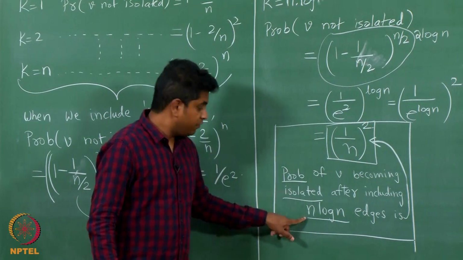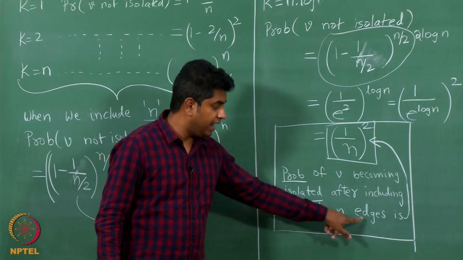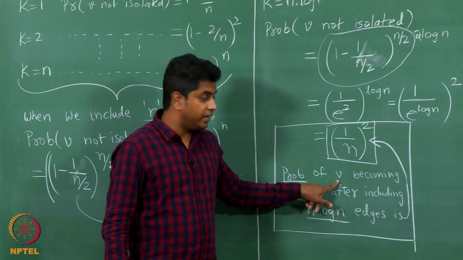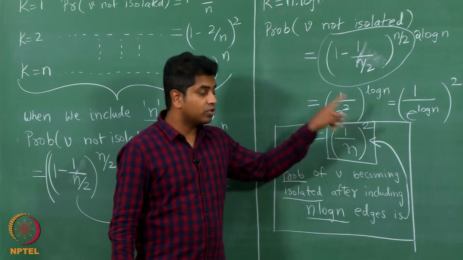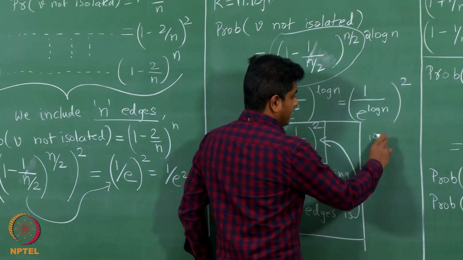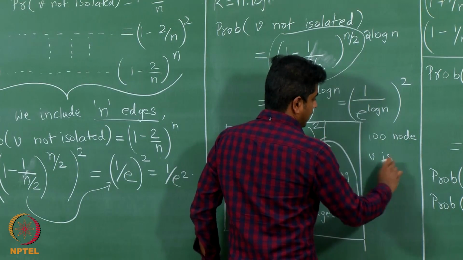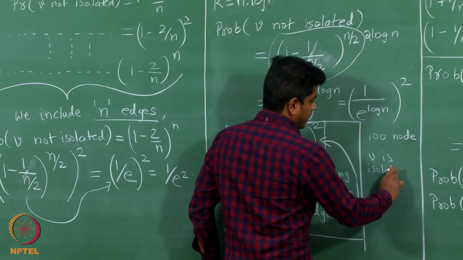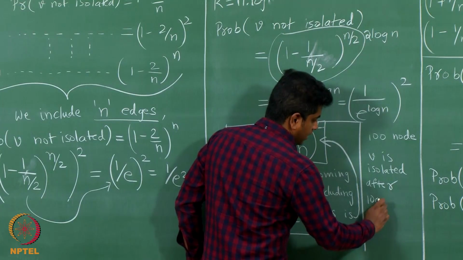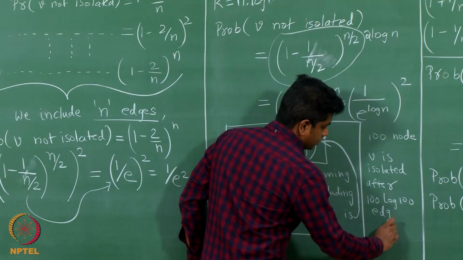which means if you take a graph with 100 vertices and if you only put 100 log 100 edges in that graph, then you will find a vertex V isolated with 1 over 100 square probability. So by that I mean in a 100 node network, V is isolated after putting 100 log 100 edges.